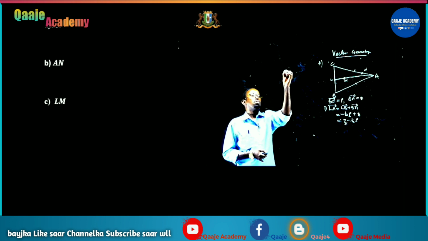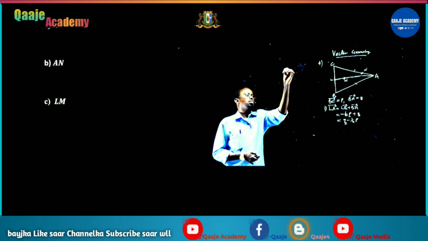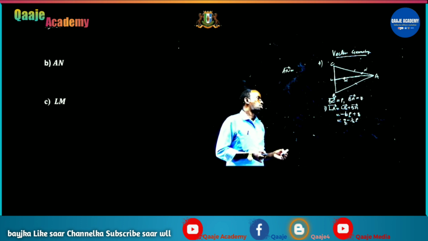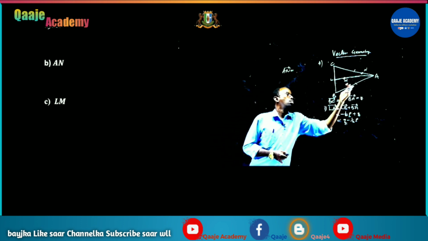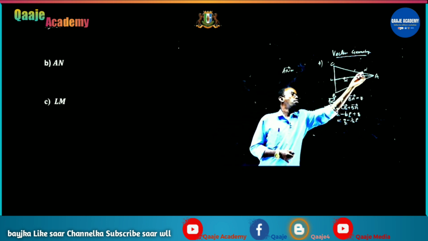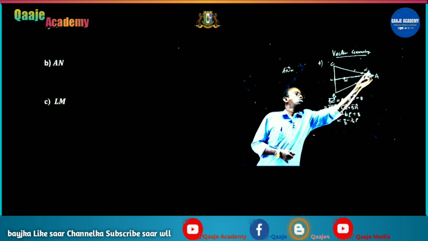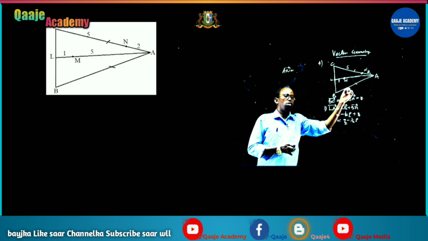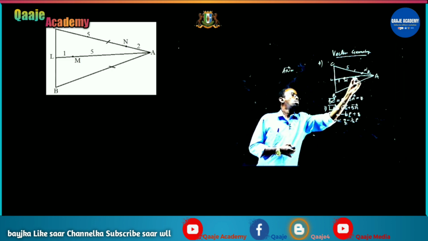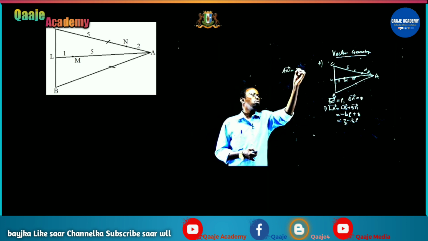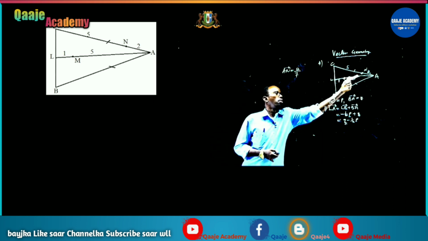A to N, that is this line, A to N. We are told the ratio, this is 2 to 5, and this is 1. So the line AN will be equal to 2 out of the total 7. 7 is the total, 5 plus 2, that is 7.